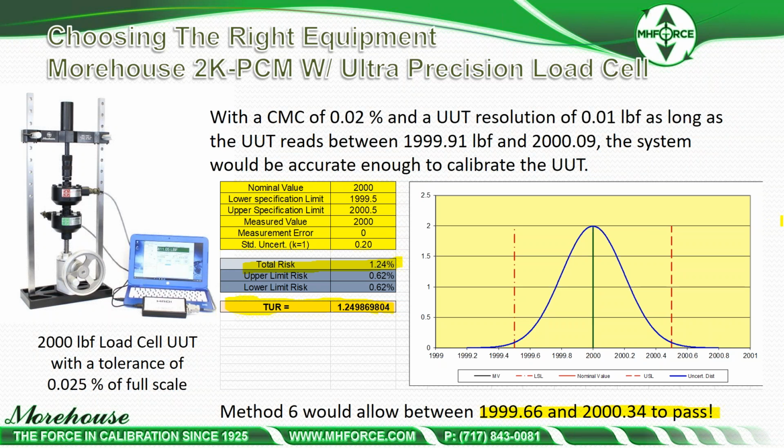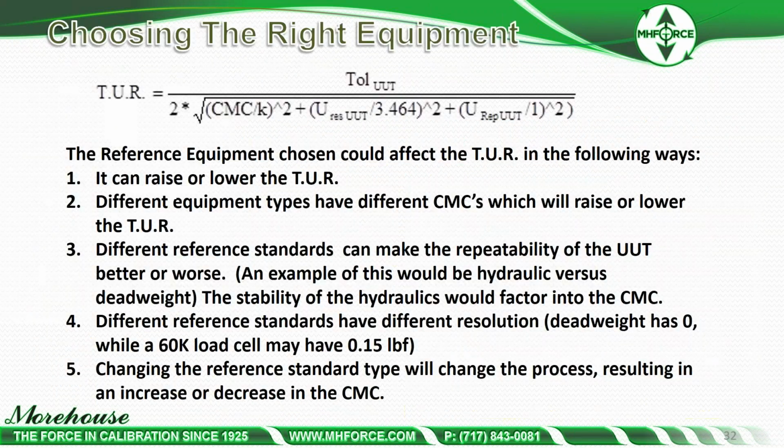You could actually do it with a 1-to-1 TUR, but you have to calculate these limits accordingly, and the risk accordingly. And if the risk is higher than 2%, you need to shorten those limits to make it less than 2%.